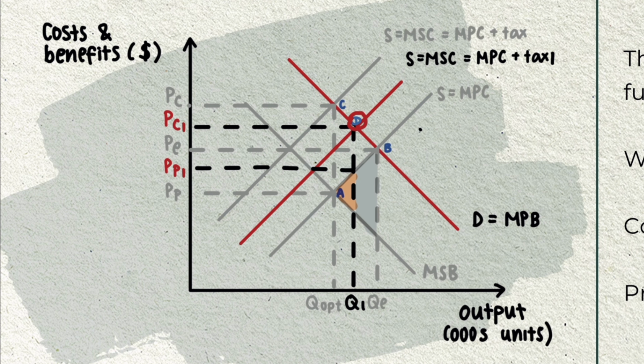So if you look at the diagram, the consumers are only paying PC1 instead of PC, and the producers are receiving PP1 instead of PP. And instead of being at the equilibrium of C, they are now only at D. Although the welfare loss has been decreased, it has not been completely eliminated, as you can see from the small triangle here.